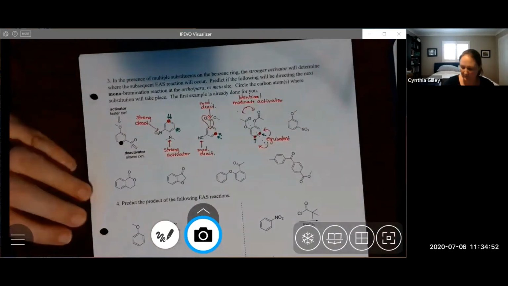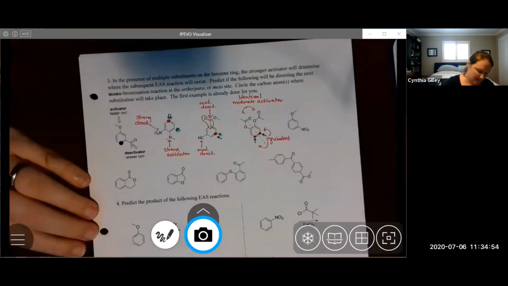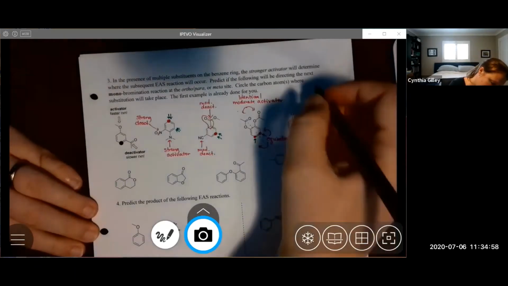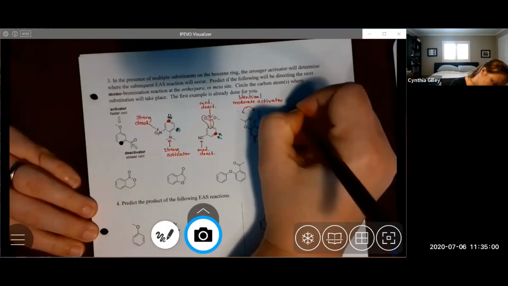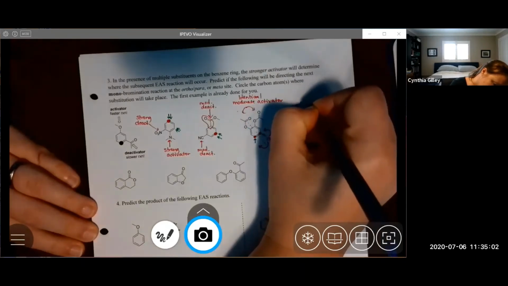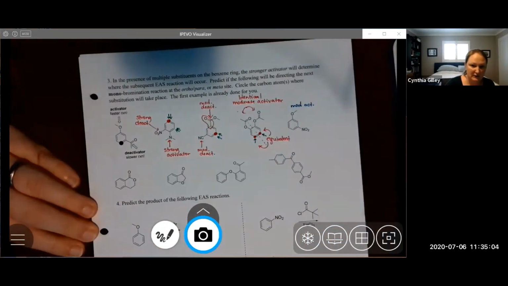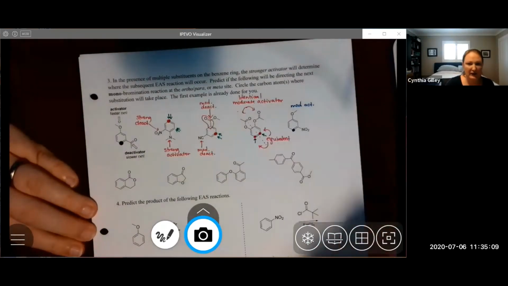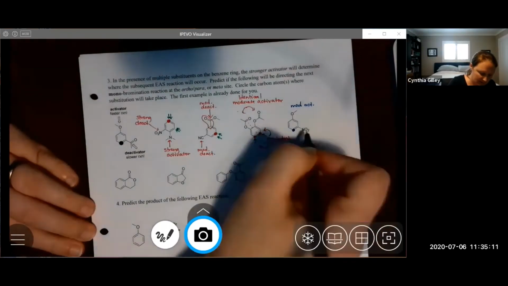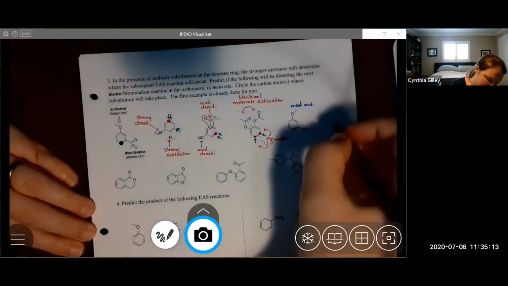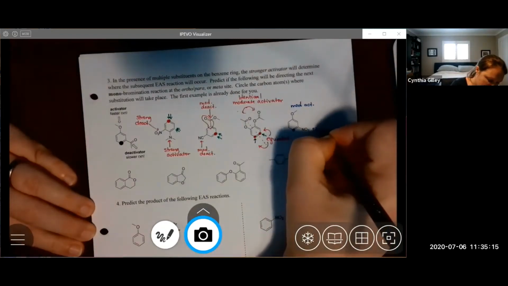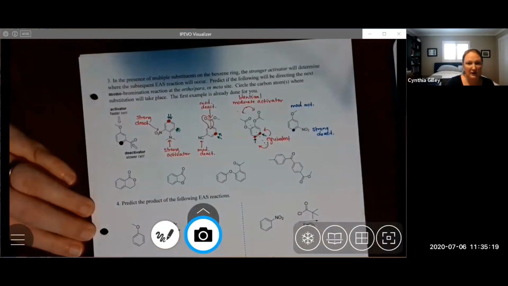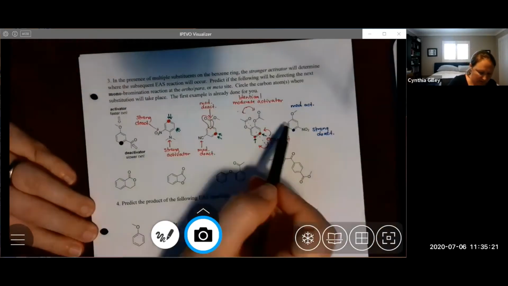And then looking at this one, now we have a moderate activator. That's primarily going to do ortho-para, but primarily para. And then the nitro group is a meta-director. This is a strong deactivator, meta-director, but that is going to be to the wrong position.